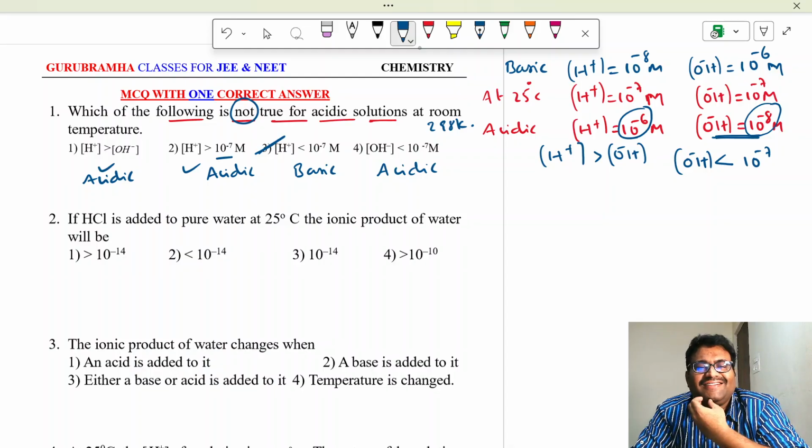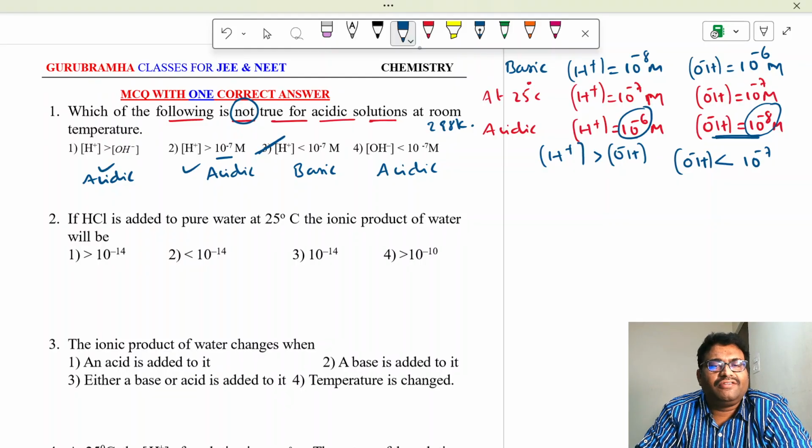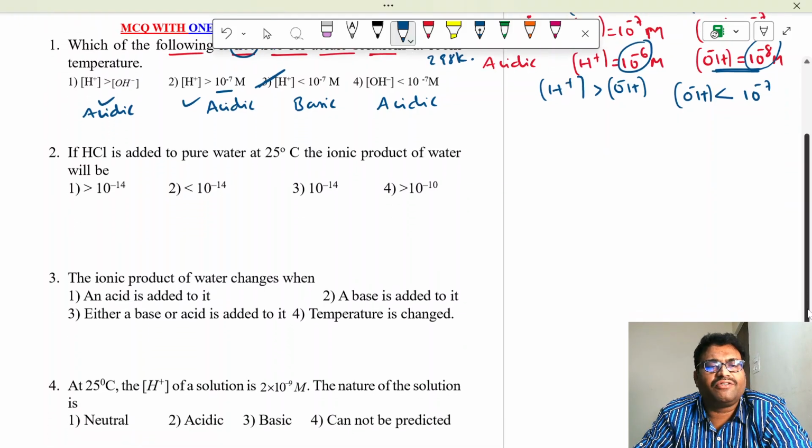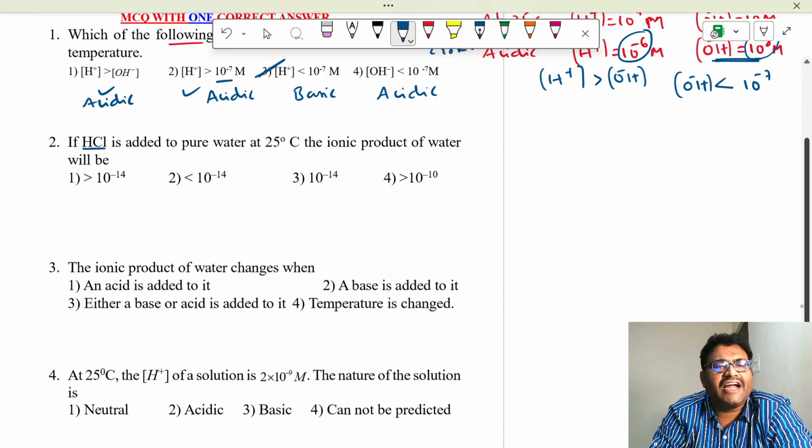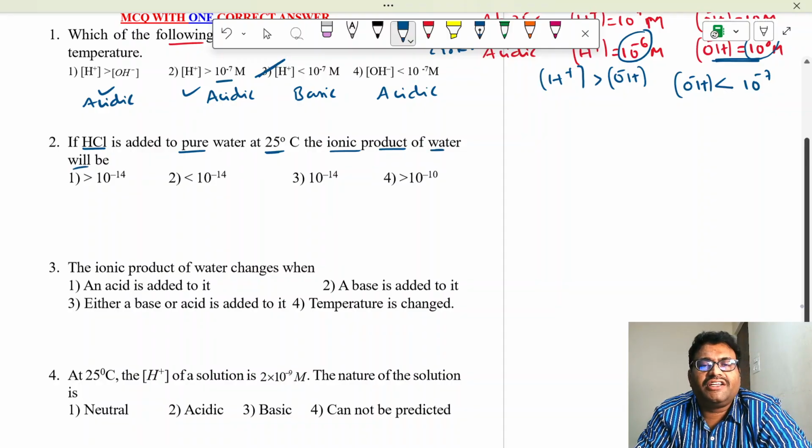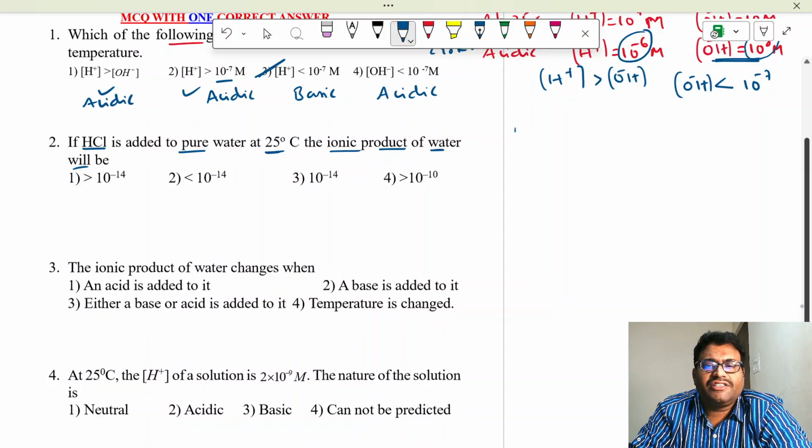Understood? Right? Now, let us go with the second question. If HCl is added to pure water at 25 degrees centigrade, the ionic product of water will be what? Already we have studied that there is a solution, there is pure water. Into this pure water, you are adding acid.